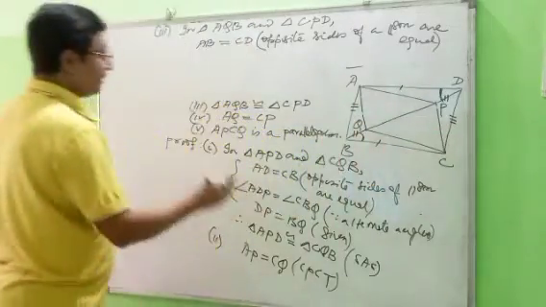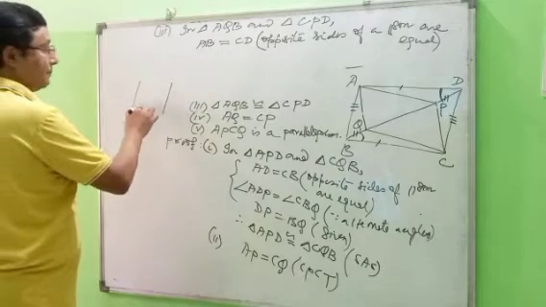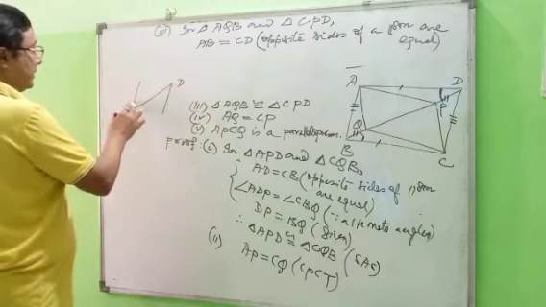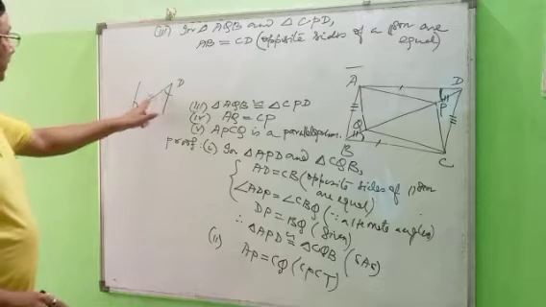Then in the next one, since the figure ABCD is a parallelogram, AB is parallel to DC, and here BD is the diagonal, so you will get these two angles equal because they form a pair of alternate angles.